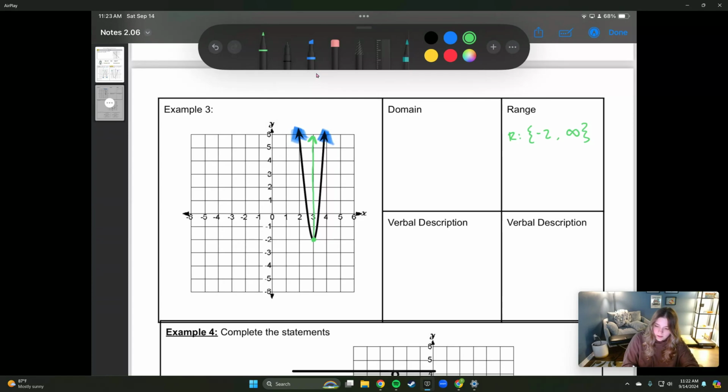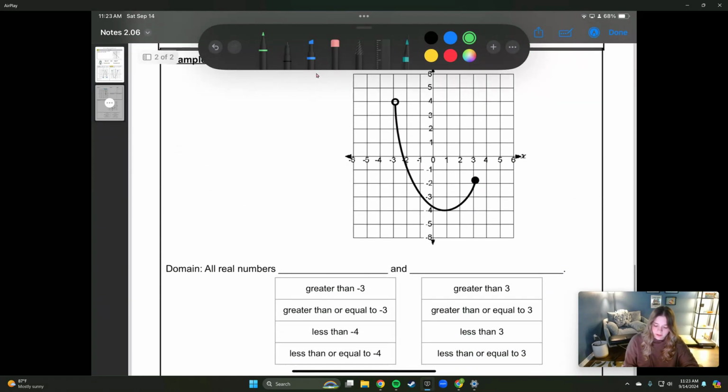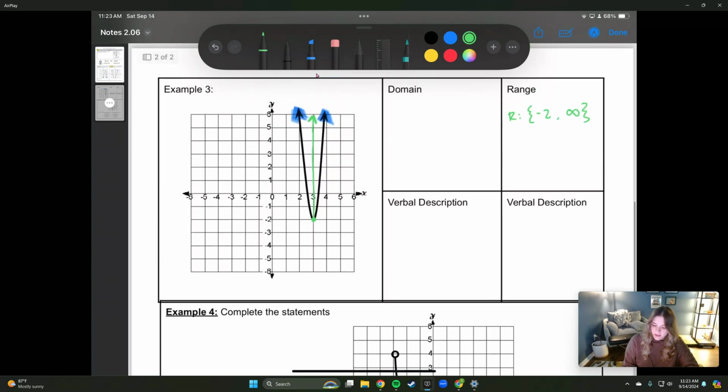No sign of stopping. Okay, now when it says verbal description, what you're going to think of is if we scroll down at the bottom here, kind of look at this one. It says all real numbers, blank and blank and blank. So kind of the same thing.